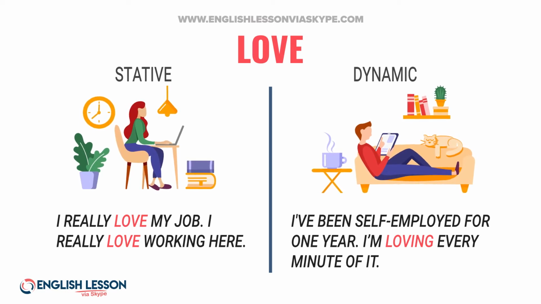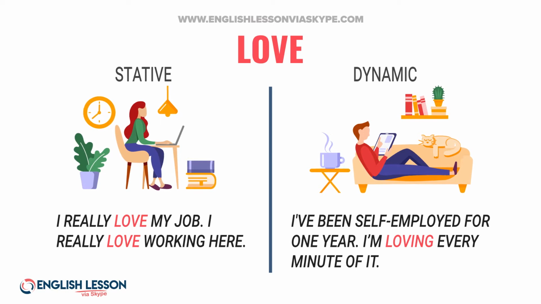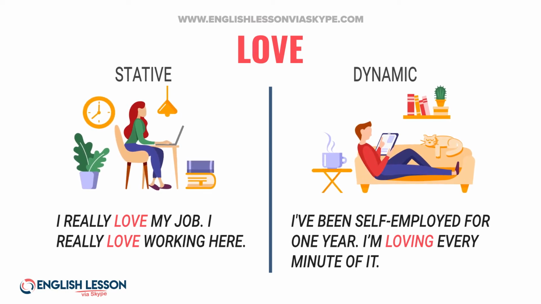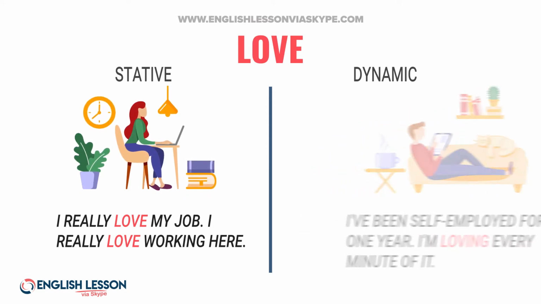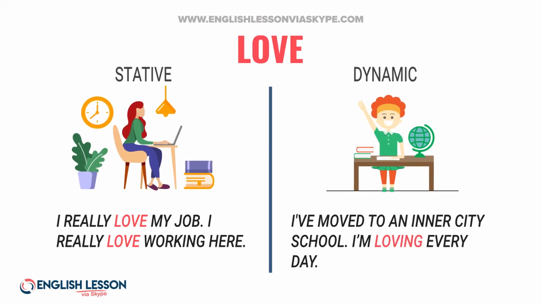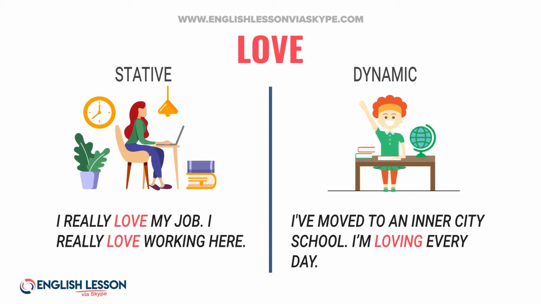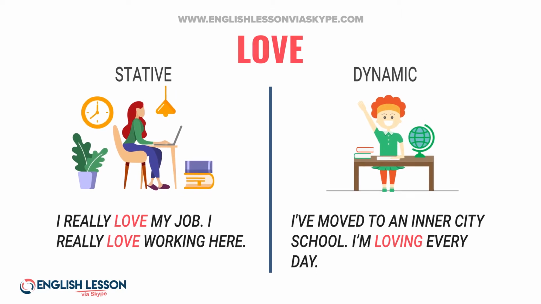Yeah, so we're talking it there in something continuous. So I'm loving every minute of it, and it's a good example of using love in a more dynamic way. I moved from a school in the suburbs to an inner city school, and it's really much more dynamic. I'm loving every day that I go to school.